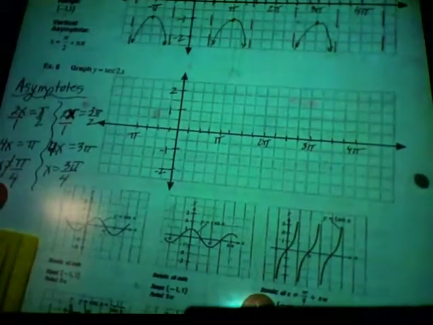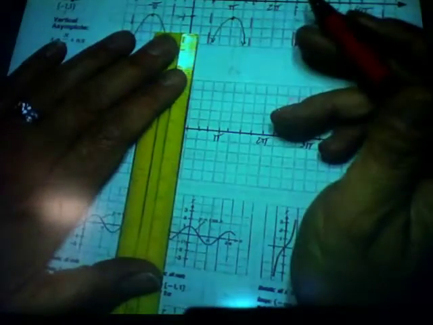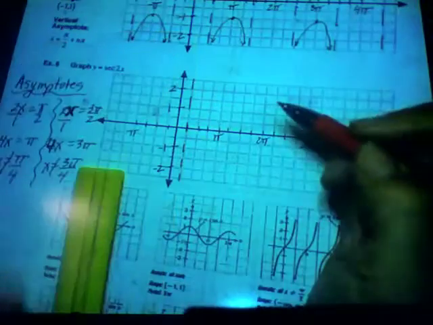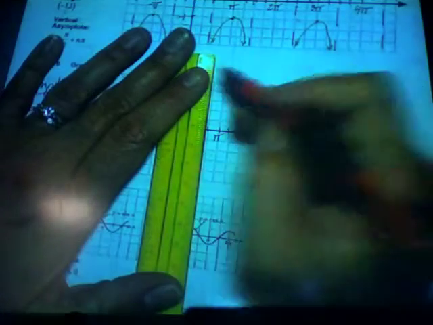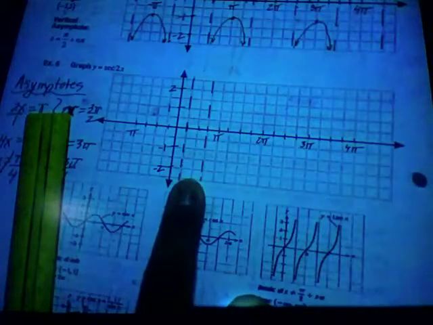Then put your first asymptote in, which is pi over 4. Your next asymptote is 3 pi over 4, which is still shy of a pi. So there's a ton of them in here, aren't there? So every pi over 2 I have to put in an asymptote. So continue that pattern.